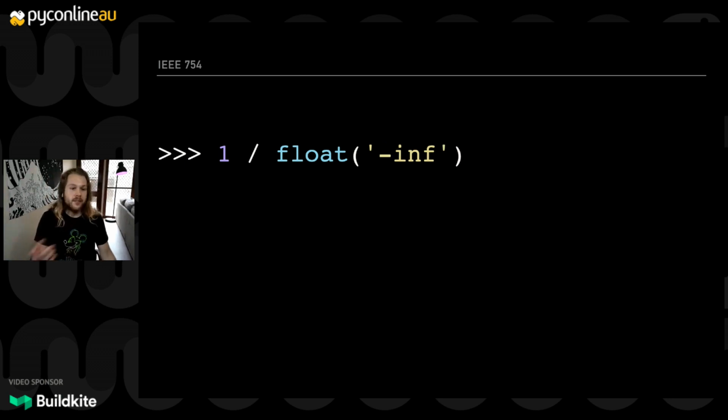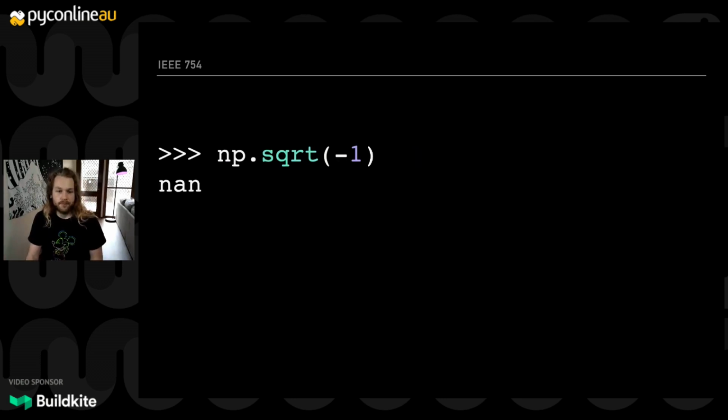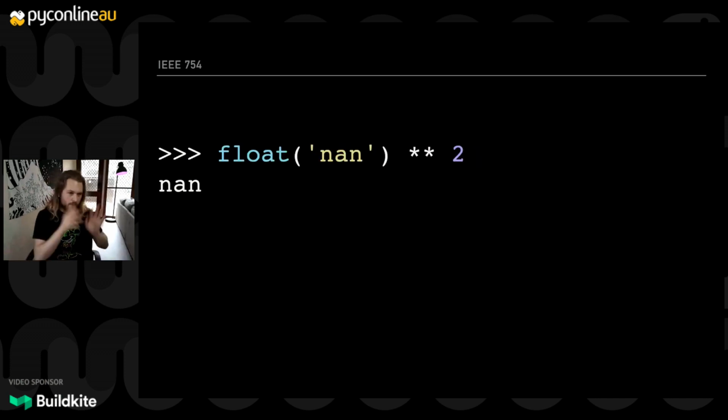And 1 divided by negative infinity is negative 0. Now, square root of negative 1 is NaN. You can't do it. The square root of NaN is NaN as well. NaN squared is NaN. So whenever we put NaN into an operation, we should expect a NaN out, like garbage in, garbage out. And NaN to the power of 0 is 1.